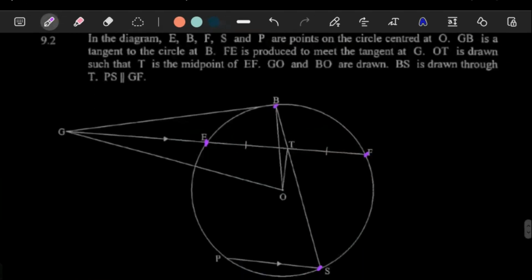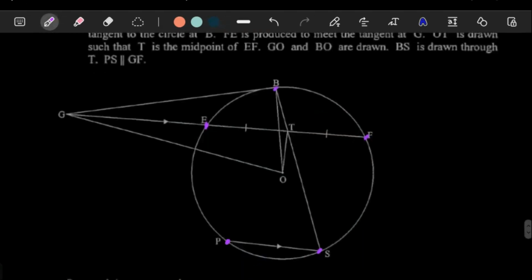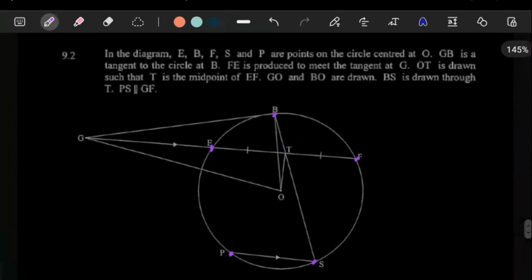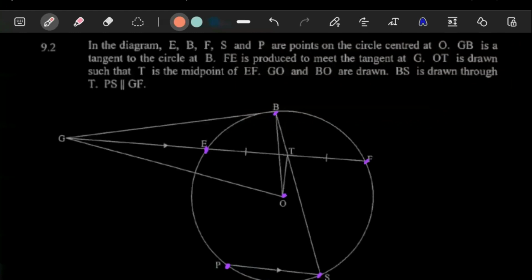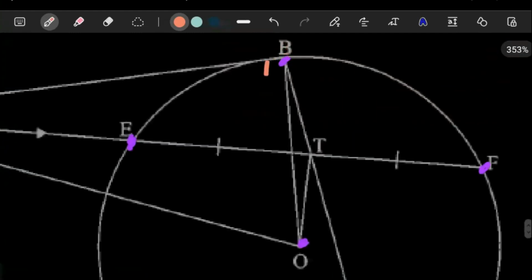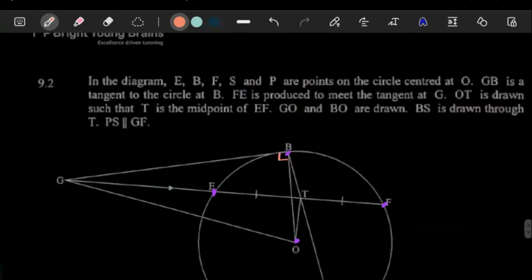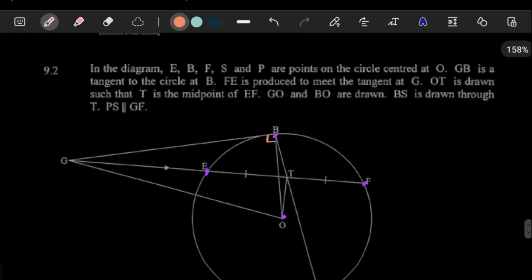And then you have P, and then these are points on the circle centered at O. GB is a tangent to the circle at B. So automatically, if it's a tangent, it means that this angle is a 90-degree angle. Yeah, it's a tangent at B. And then it says FE is produced to meet G.